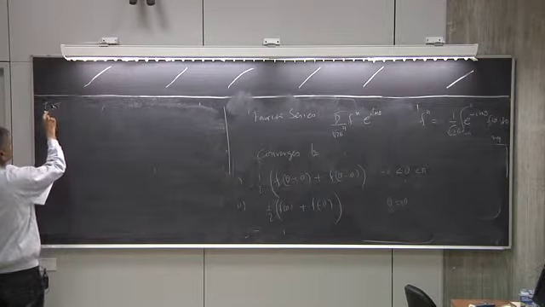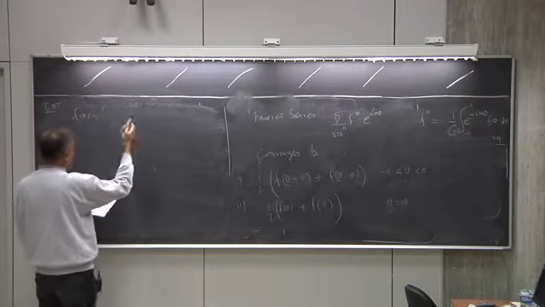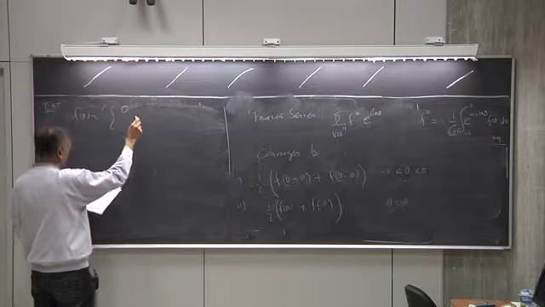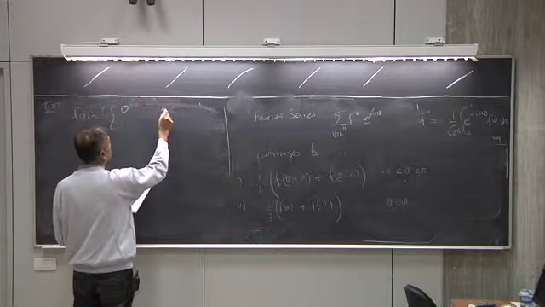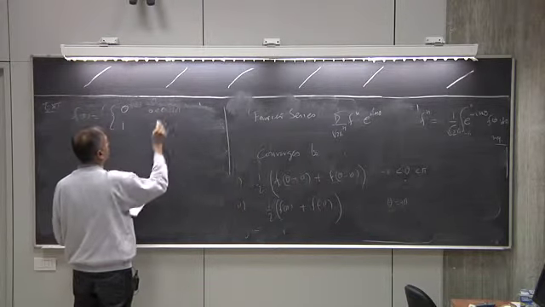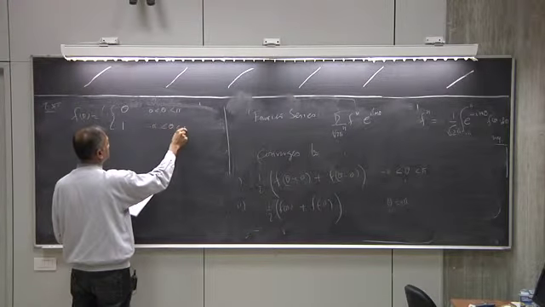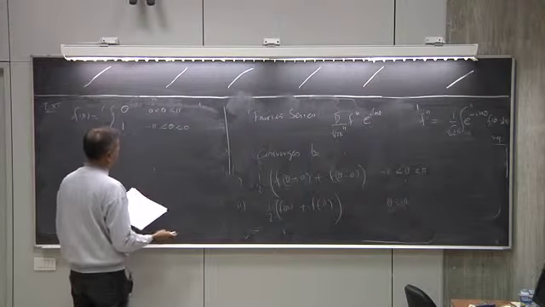Example: consider f of theta to be the following function. It's a step function actually. It is 0 for theta between 0 and pi, and 1 for theta between minus pi and 0.